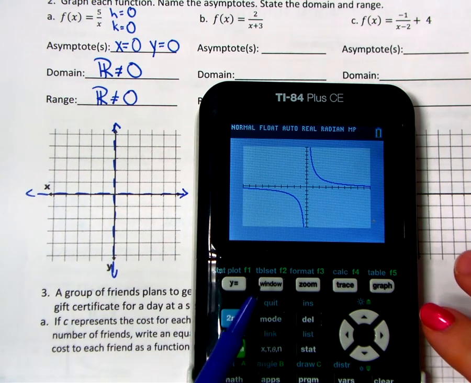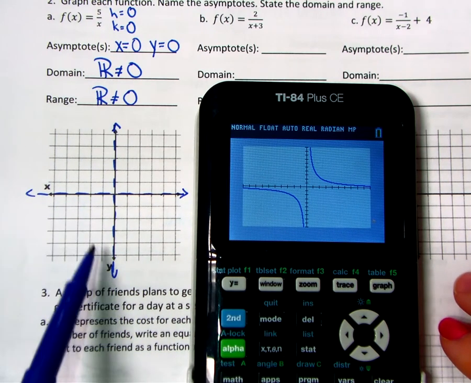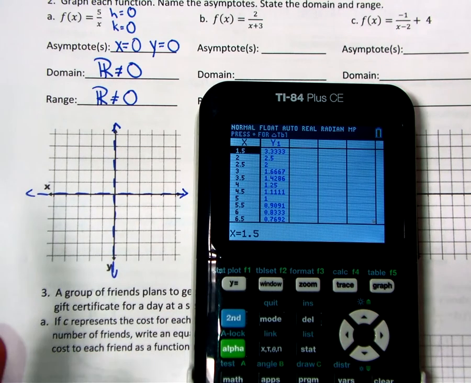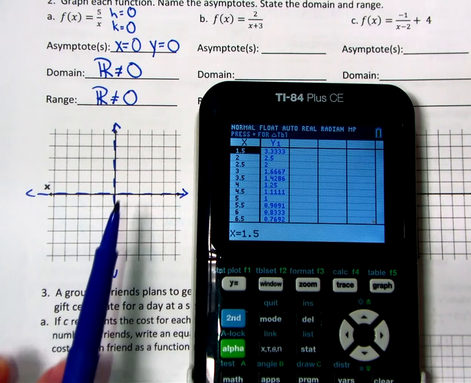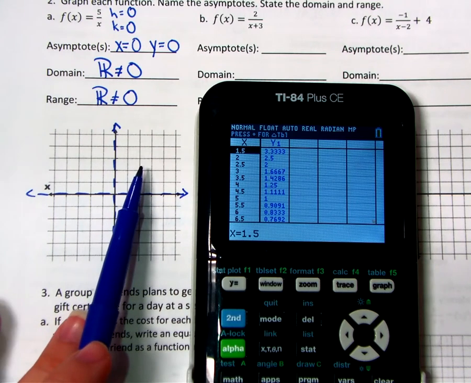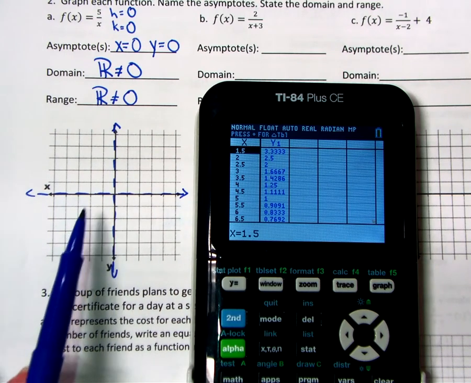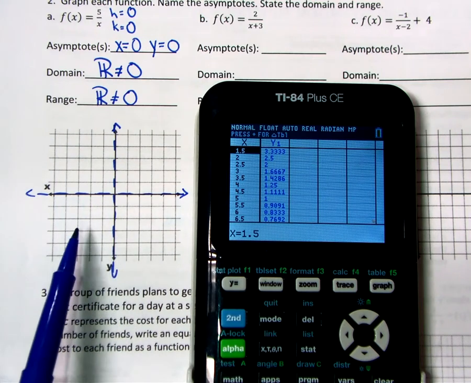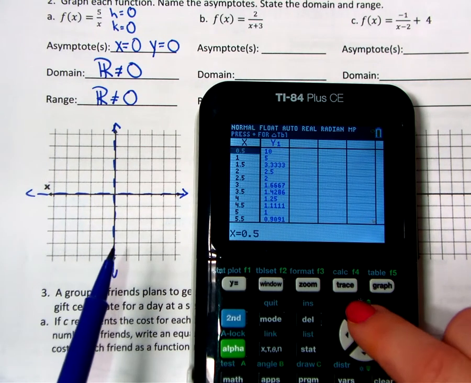Now, to find out what the actual points are on these branches, because you can't just go, oh, I think it's here and here, we need to go to our table and just plot some points that don't look too terrible. Some from each branch. So we saw a branch in quadrant 1 and we saw a branch in quadrant 3. That means some where x is positive and some where x is negative.